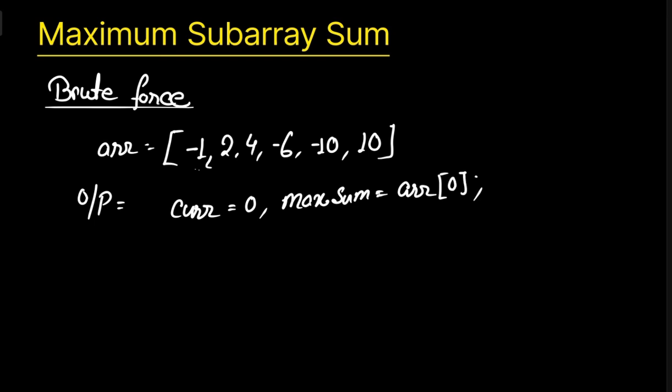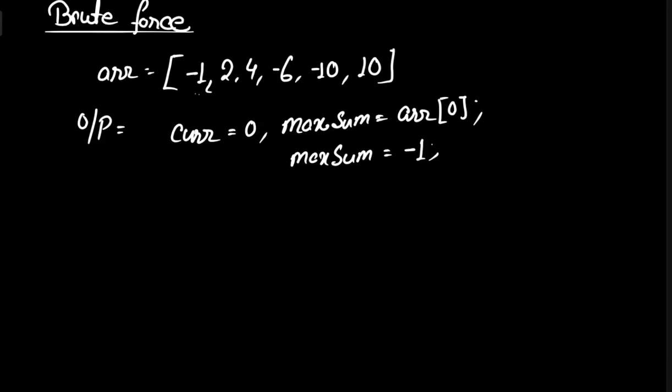Array of 0 means max sum is right now -1. Now we will take the for loop, traverse from 0 to n.